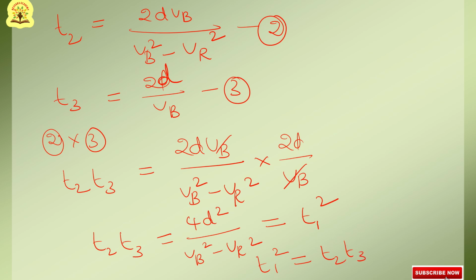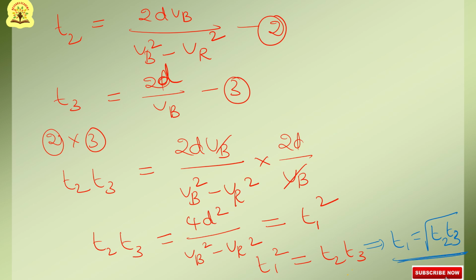So finally the answer is T1 is equal to square root of T2 into T3. Okay, this is the final answer.